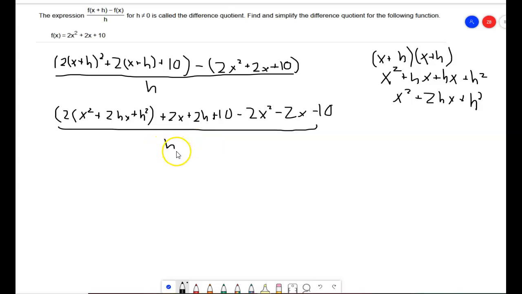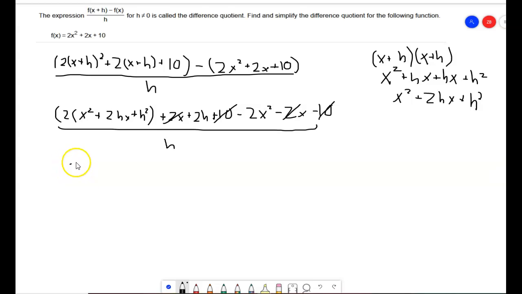Once again, a lot of things to keep track of. Now I have a minus 10 and a plus 10, so I can cancel those out. I also have a minus 2x and a plus 2x, so I can cancel those out too. Now I'm going to distribute this 2 amongst these three terms.